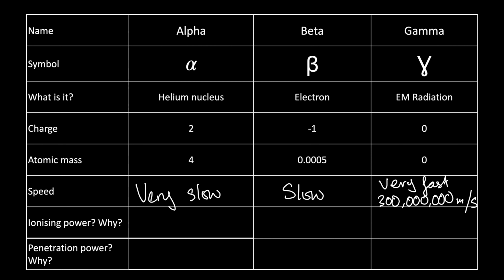Now let's consider the ionizing power of each of these. Alpha particles are very ionizing. Beta particles are ionizing, but less so than alpha particles. And gamma is not ionizing.